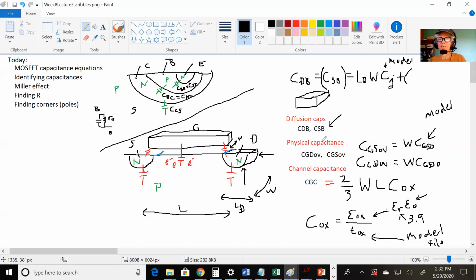It would be the LD. So I think in total it's 2 times LD plus 2 times the width. Okay, it would be 2 times the width, but you get to ignore where the overlap is. That's already taken care of. So you get to ignore that, but perfect. Yeah, I should have put the 2 first. 2 LD takes care of the front side and the back side, and then you still have to take care of this outside side. So that's just W. And this is CJ sidewall. And guess where you find that?